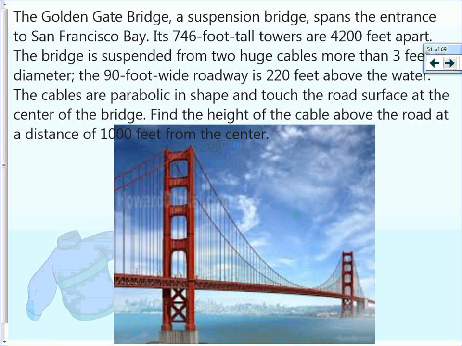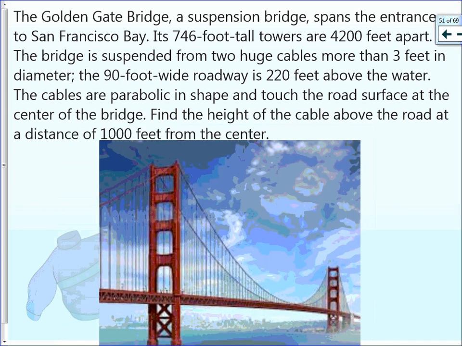So this is the Golden Gate Bridge in San Francisco. I got to see it when I traveled to Stanford University. It is so long. And this is an actual picture of it. So we know some things about it.